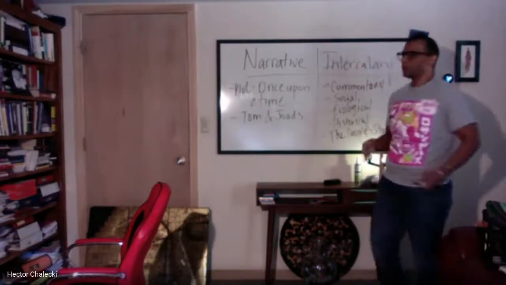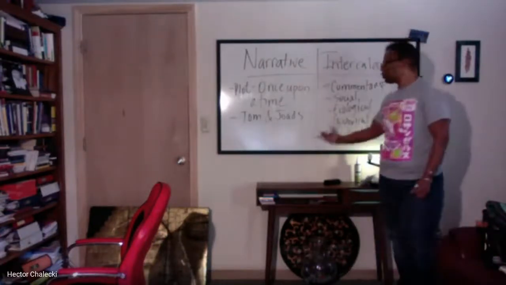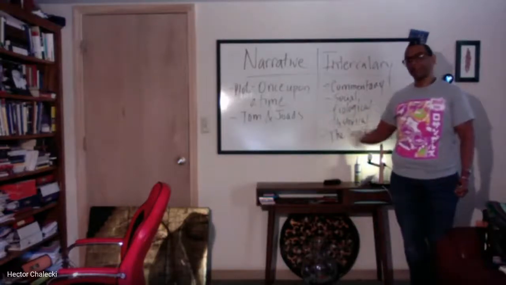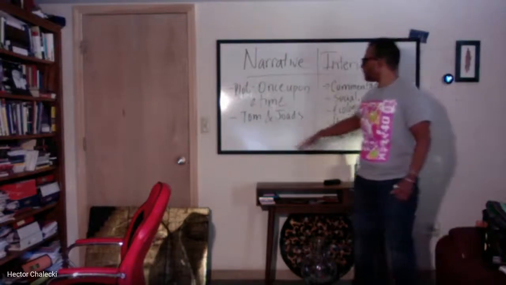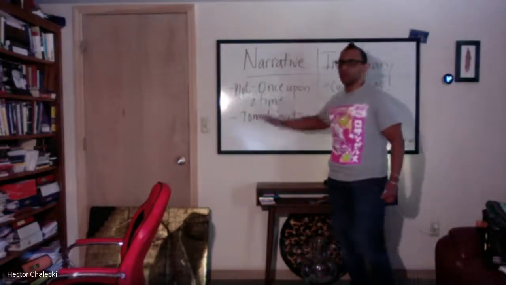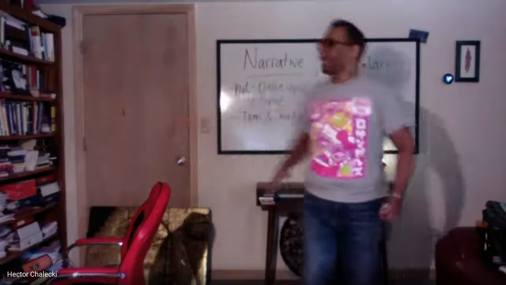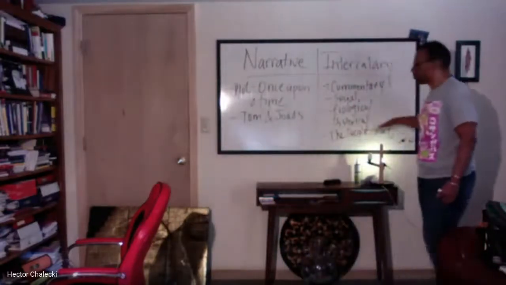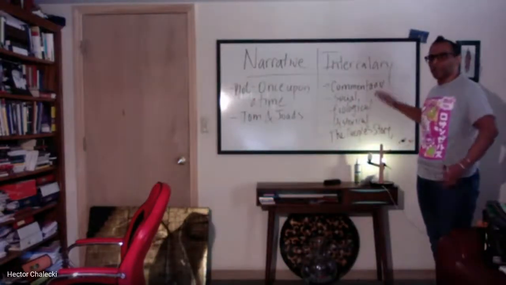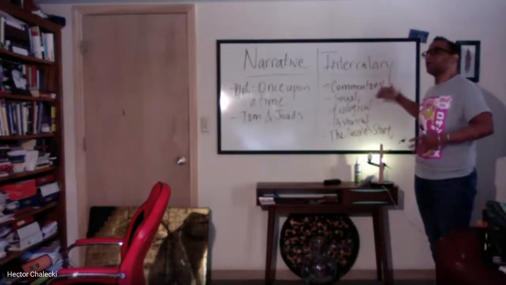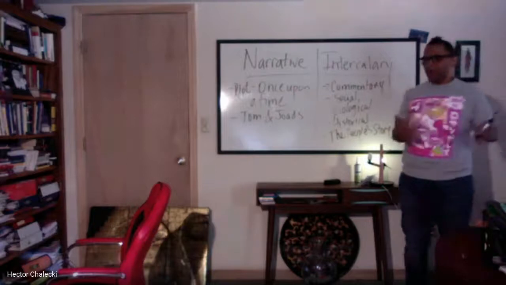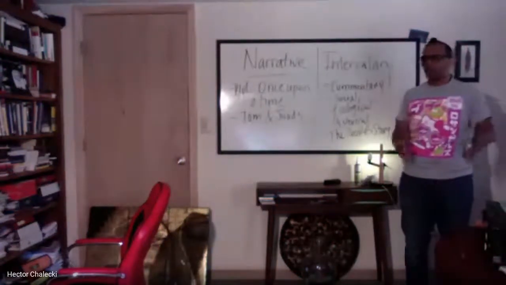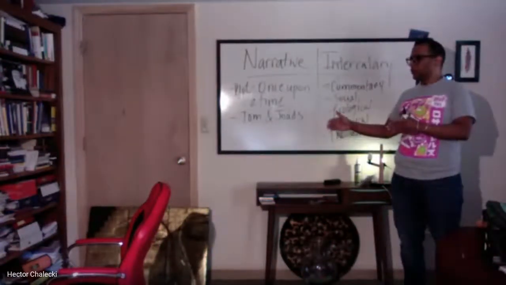So in other words, we have two journeys. Actually, we have three journeys going on at the same time. We have Tom and the Joads going on their journey, and then we have the people's journey, the other migrants who are also moving from Oklahoma to California.